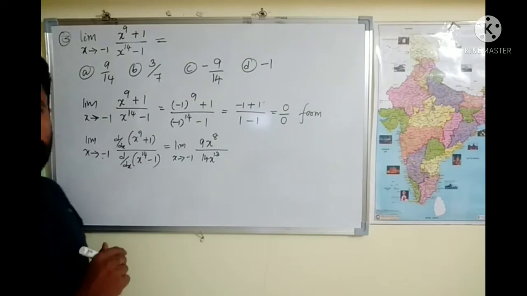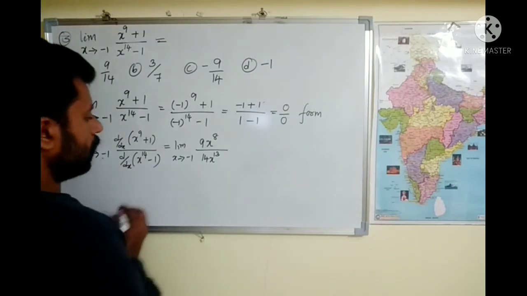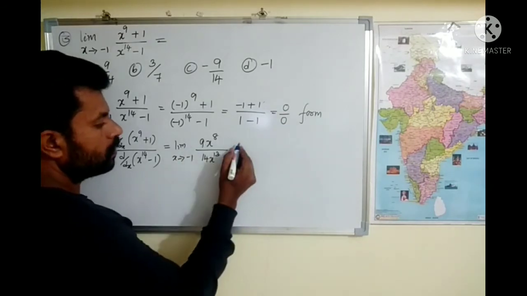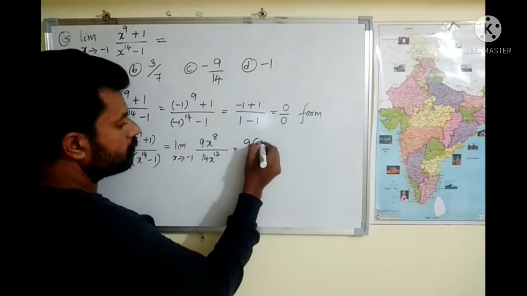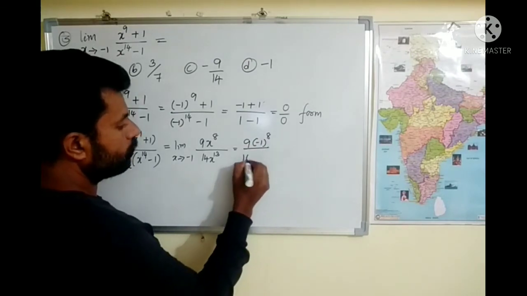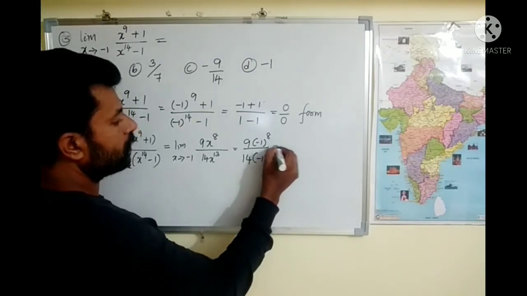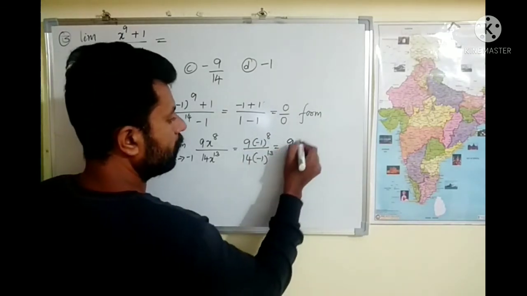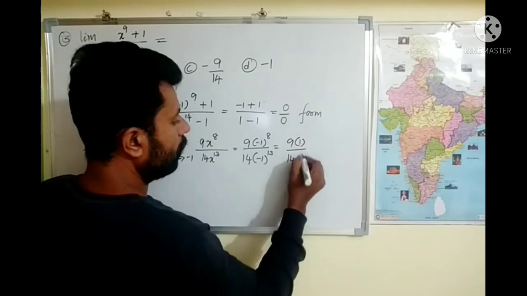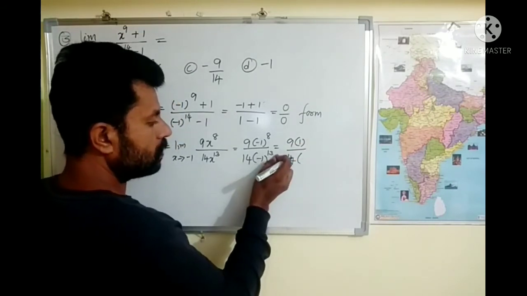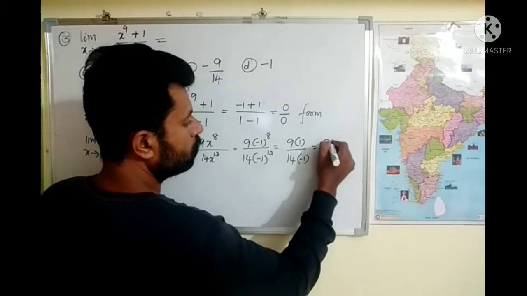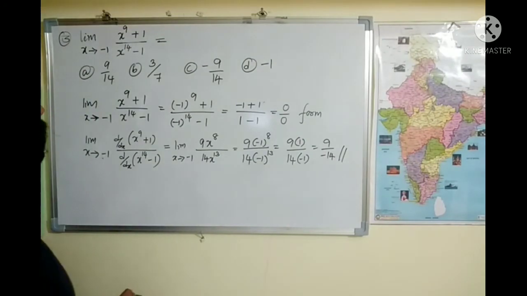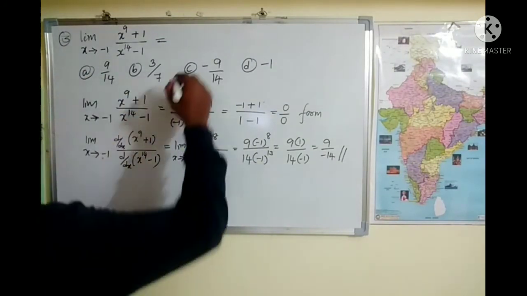The derivative of the constant term minus 1 is 0. Now substitute minus 1 in the place of x. We get 9 into minus 1 to the power 8 divided by 14 into minus 1 to the power 13. Minus 1 to the power 8 gives plus 1. Minus 1 to the power 13 is odd, so we get a negative sign. This equals 9 divided by minus 14, which is the required solution. Now option C is correct.